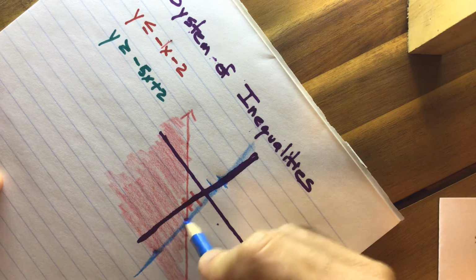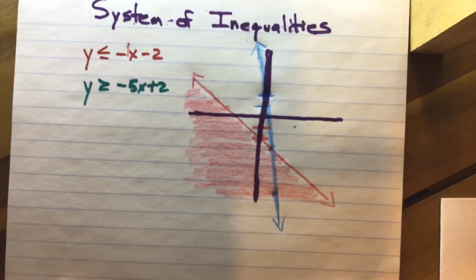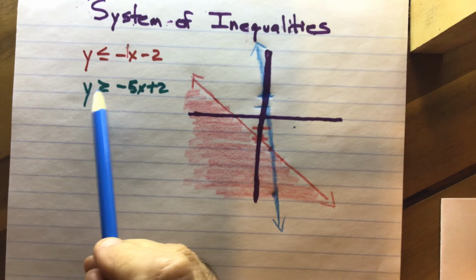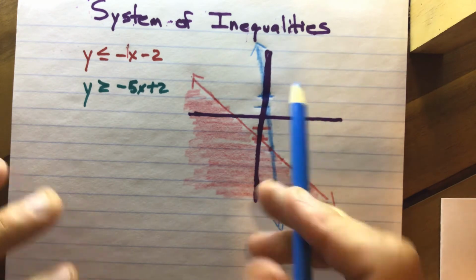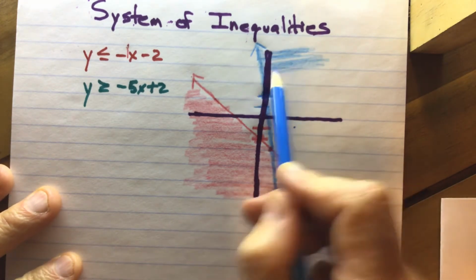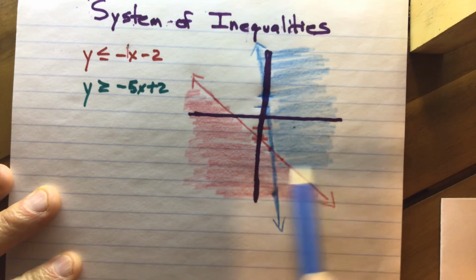So this is the linear function. And because this is an inequality, it's saying that y is greater than or equal to, so I'm shading above the line. So everything here is shaded blue above this line. And you can see here I'm starting to overlap some red.